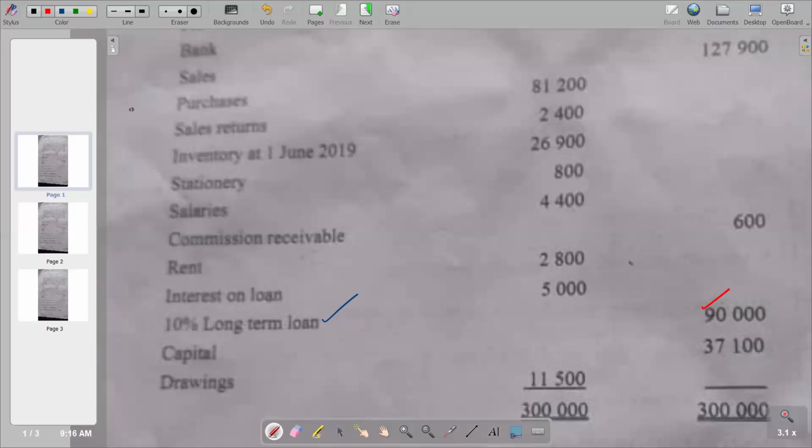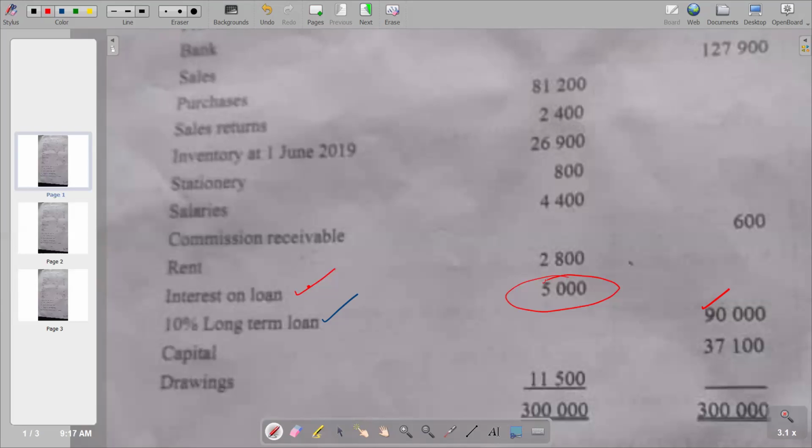But if you check there, just above our long-term loan, we are given also interest on loan, which is 5,000. So we have to take note that the income statement is prepared on the accrual basis. It's not prepared on cash basis.